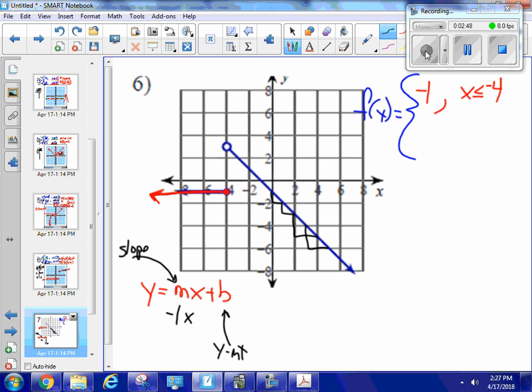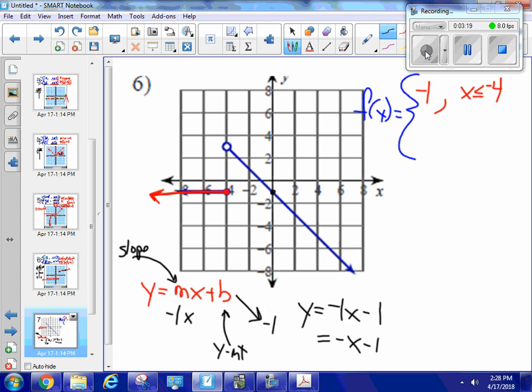So -1x. And my y-intercept, where am I intercepting the y-axis? Well, it looks like I intercept it right here at -1. So my b is equal to -1. So my equation is y equals -1x minus 1, or more simply written, y equals -x minus 1.